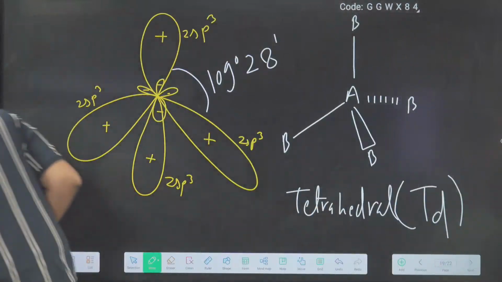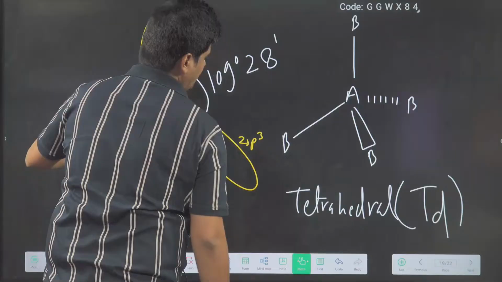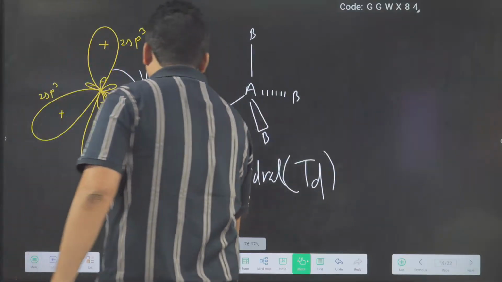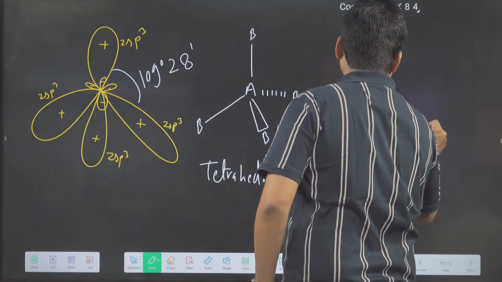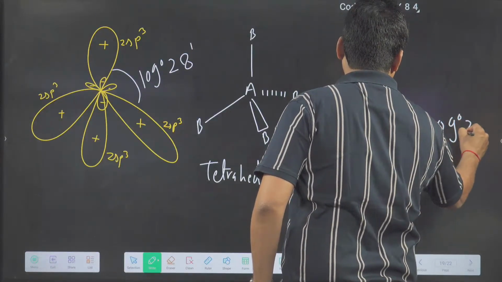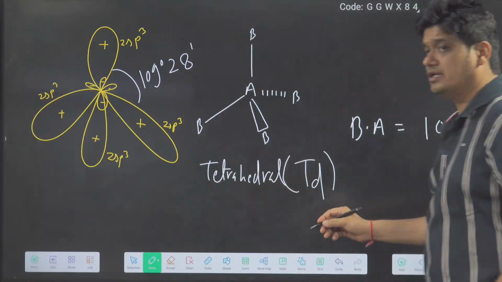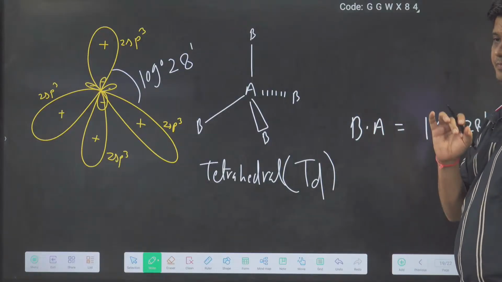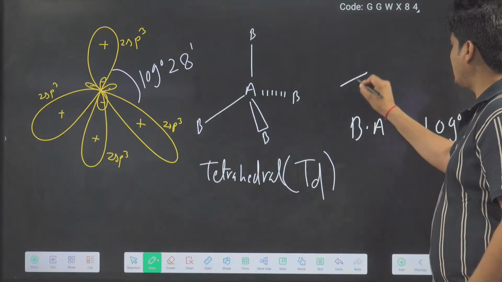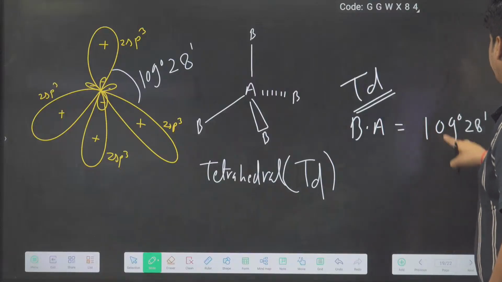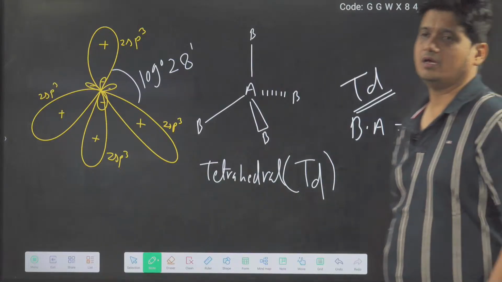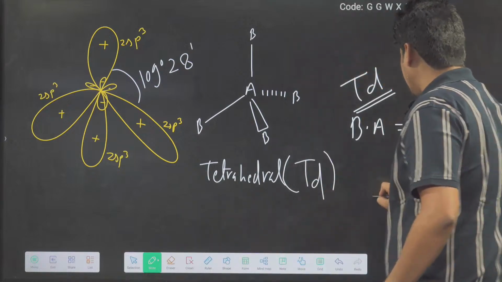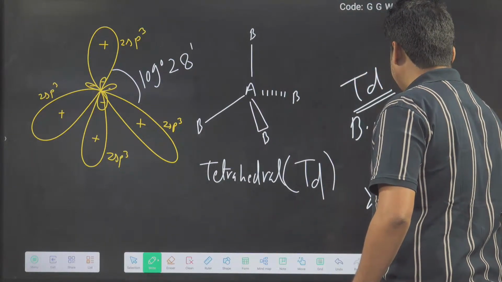So what is the best possible question here? In case of tetrahedral geometry, the bond angle is 109 degrees 28 minutes. Now the question is how many? The total count is 6. This is the most important question the examiner may ask.